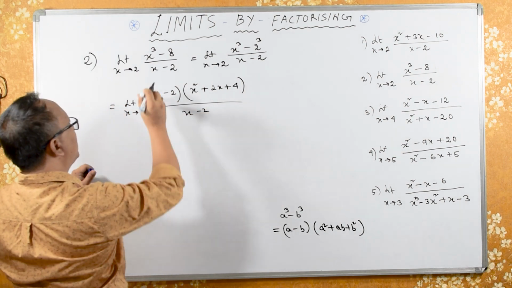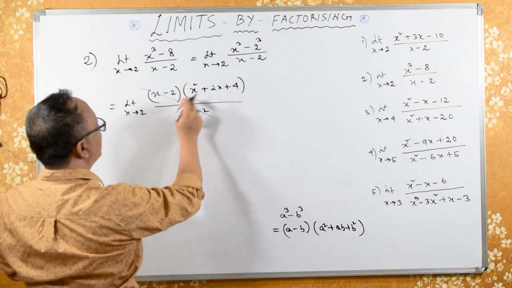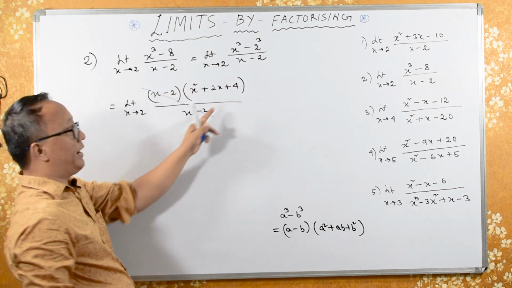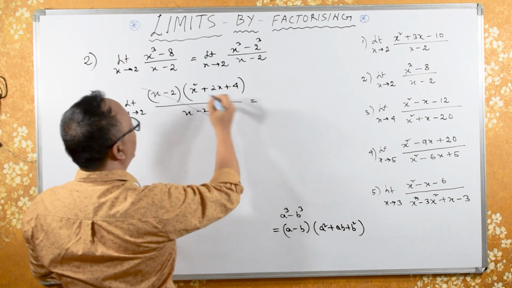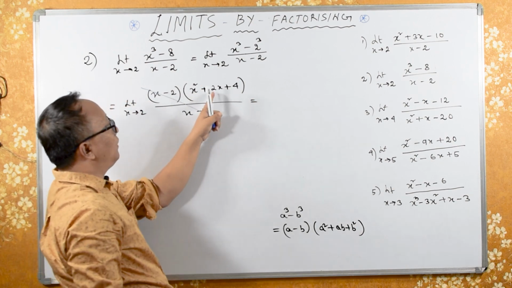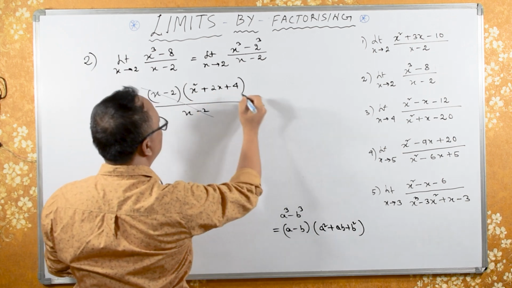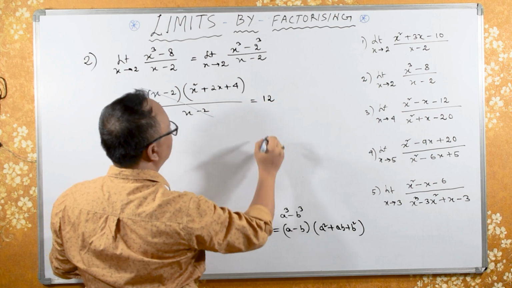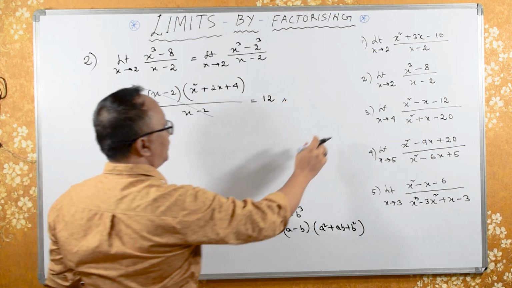Now this x minus 2 gets cancelled in numerator and denominator, and after that we can put x equals 2, and the limit is defined. So when x equals 2, we have 2 square, which is 4, plus 4 plus 4. We have 12. And this is the answer for 2. Now 3.